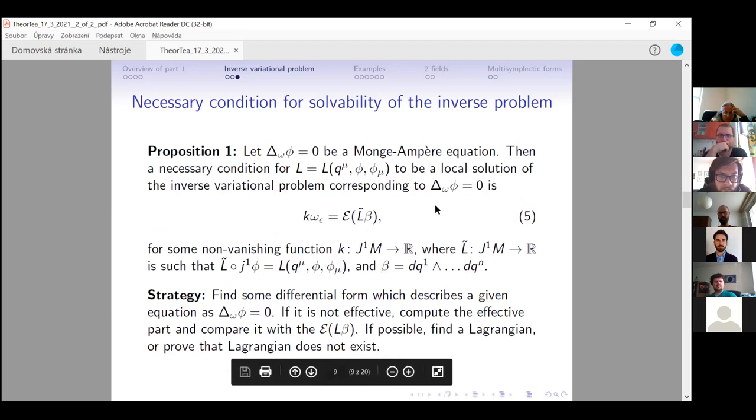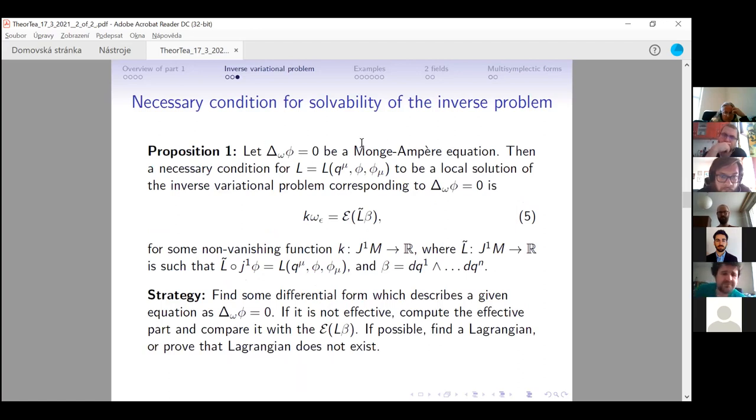And now the proposition, the necessary condition for solvability of the inverse problem, is the following. If I take an equation, this is an equation on M. And L, you see, now I have q mu, phi, phi mu coordinates, so it's not a function on J1M, it's down on M. This will be a local solution of the inverse problem for this equation if 5 is satisfied for some non-vanishing function k.